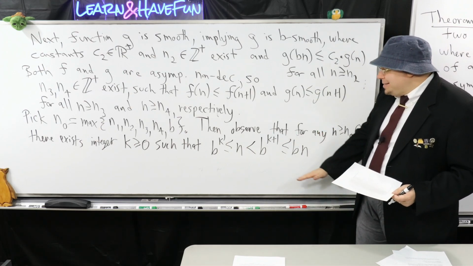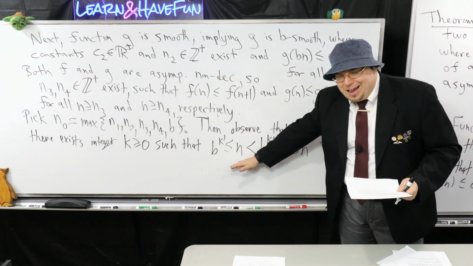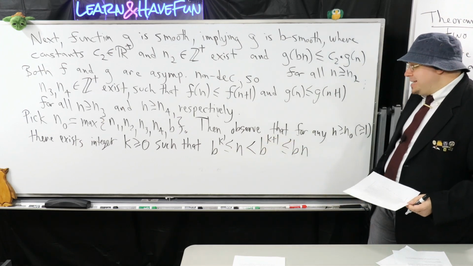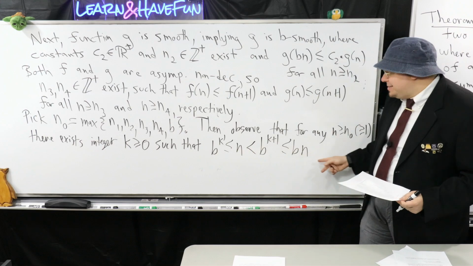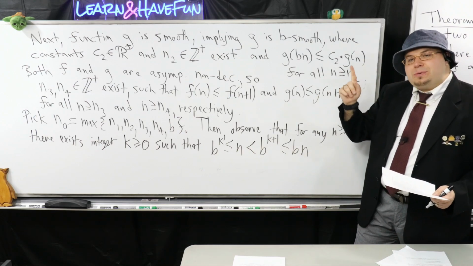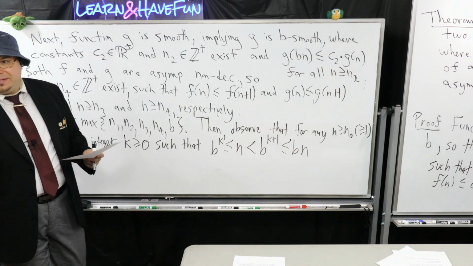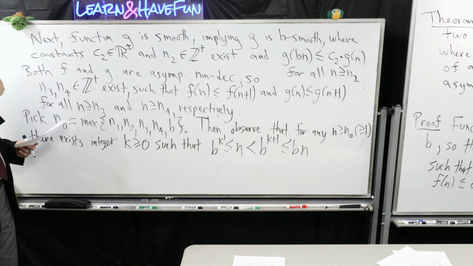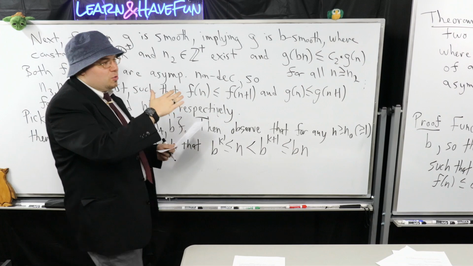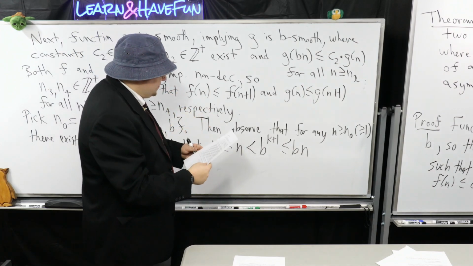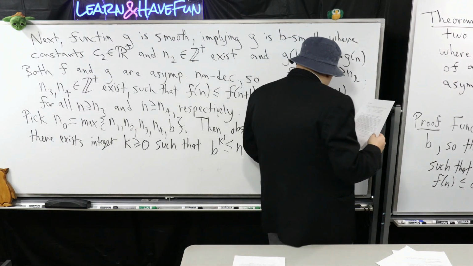But we know that the next power of b is definitely going to be bigger than n. Hopefully you see this. I'm sandwiching it like this deliberately because we are dealing with asymptotically non-decreasing functions, so we can look at their inputs and make statements about whether it's smaller, larger or equal at those points. So I'm going to need this to help out.